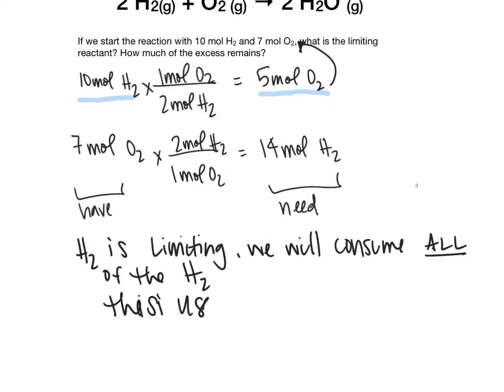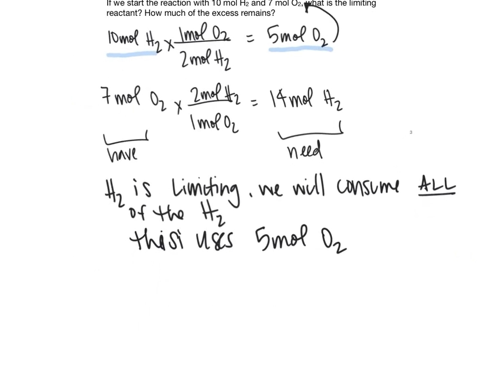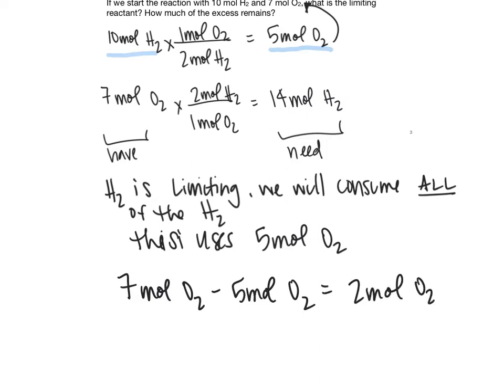It also asks how much of the excess remains. So if we use 5 moles of O2, but we have 7, so 7 moles of O2 minus 5 moles of O2 tells us that there are going to be 2 moles of O2 remaining.